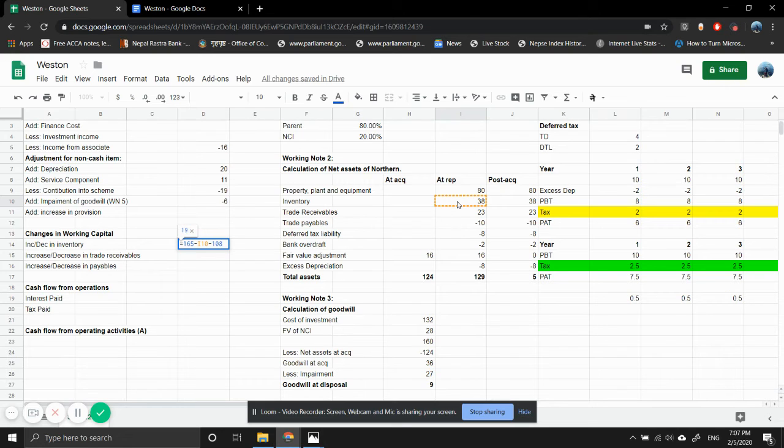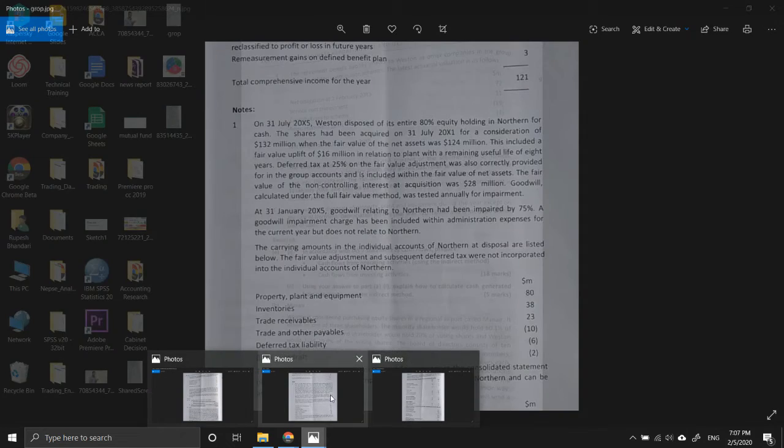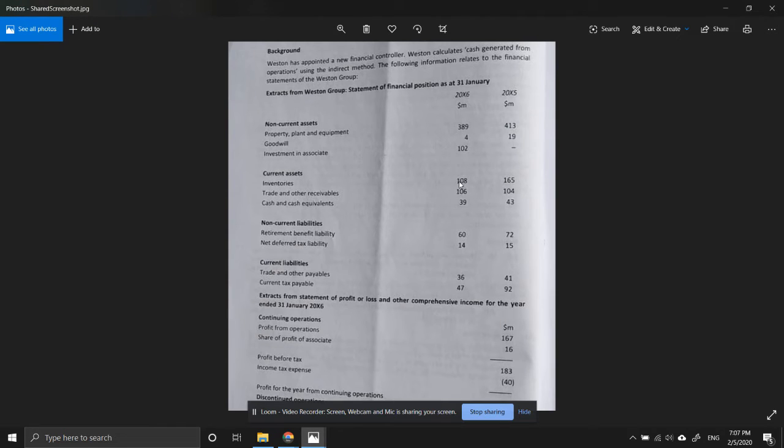See, even this way, you get the same thing, okay? So either you can remove that inventory from this figure and then make it comparable, or you can add it up to this figure and then make it comparable, okay? Whatever you feel easy. So in case of trade receivable, 106 and 104, right?